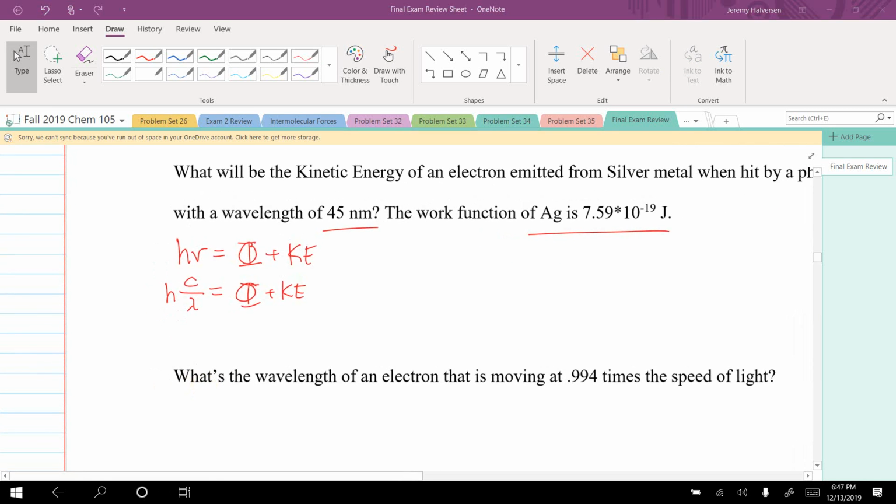So hc over 45 times 10 to the negative 9. When I do that math, I got a kinetic energy of 3.6 times 10 to the negative 18.